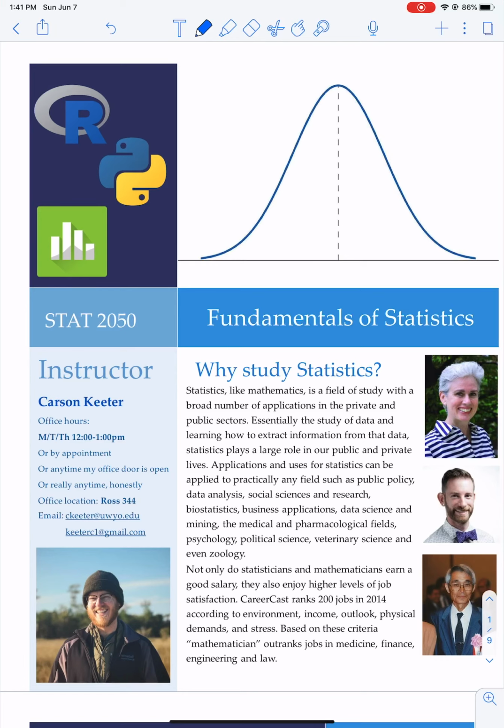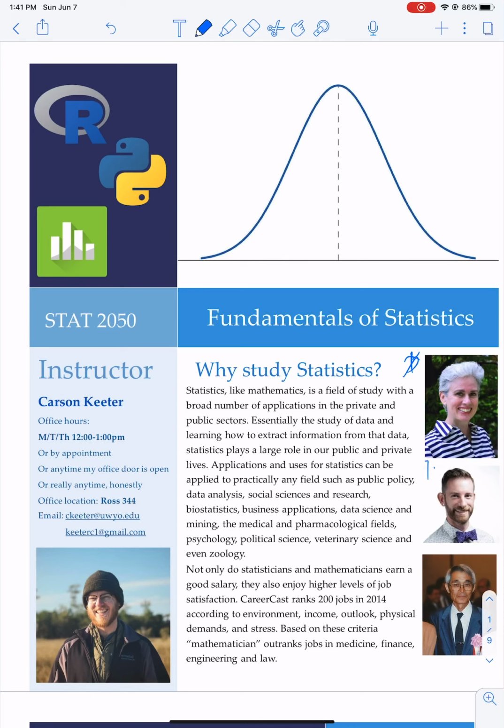This first person here is Cynthia Brewer. She works as a map maker, but she uses statistics a lot, and how she uses color in making figures is very unique and kind of groundbreaking. So we'll be doing some stuff similar to what she does.